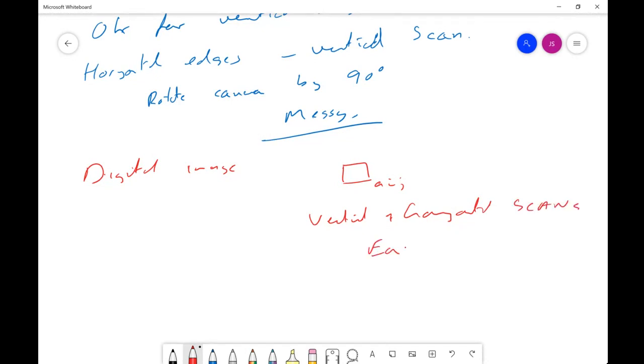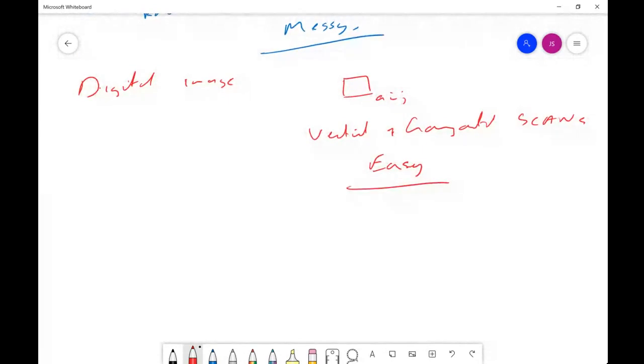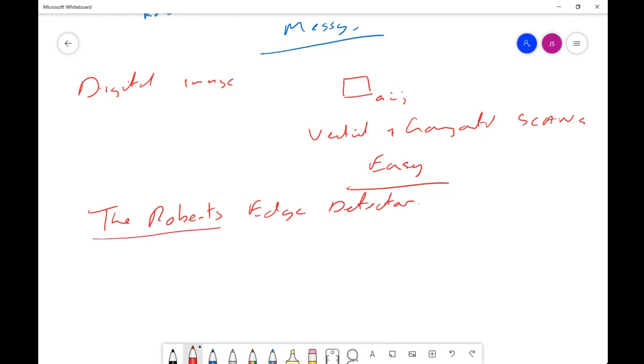So life is getting easy with digits. And the first digital edge detector I want to look at is a very simple one. It is the Roberts edge detector, presumably named after a guy called Roberts. Haven't come across him, but that's a good guess.